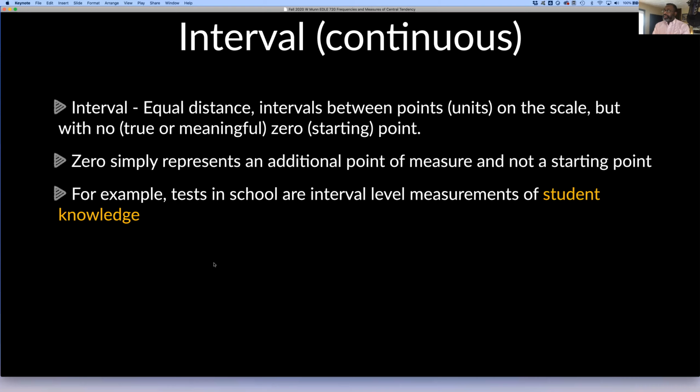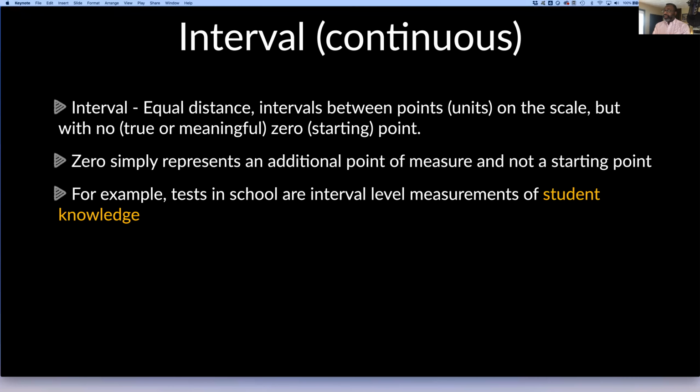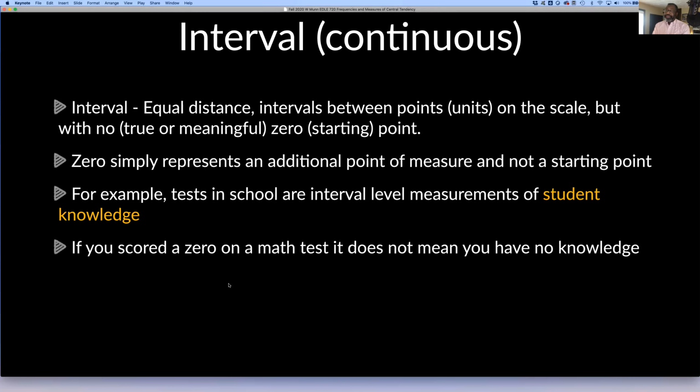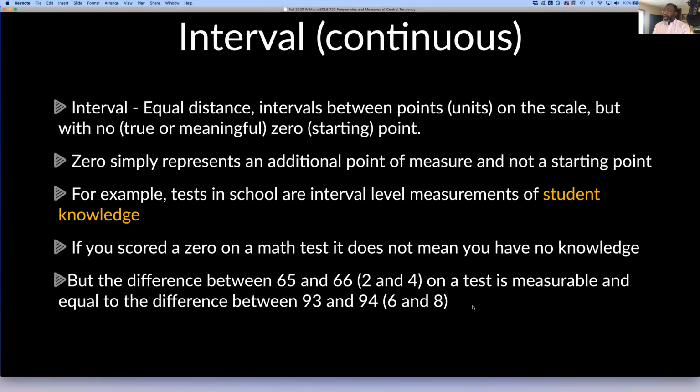For example, tests in schools are interval levels of student knowledge. If you score a 0 on a math test, it does not mean you have no knowledge. But the difference between 65 and 66 on a test is measurable and equal to the difference between 93 and 94.